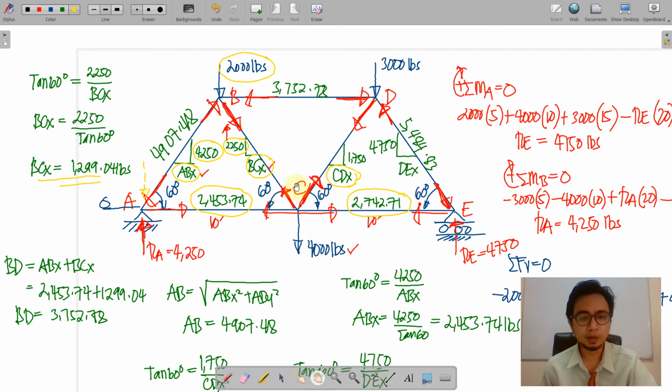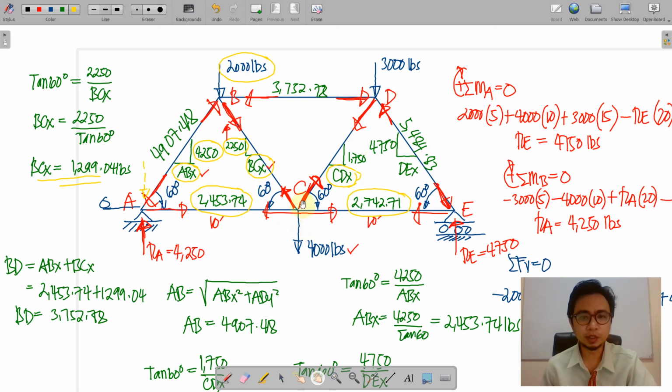Remember that joint C is the last joint that we worked on, and CD yielded a certain CDX, and upon checking it yielded 0 along X and along the Y direction. Therefore our analysis is correct in that we have balanced all of the joints.